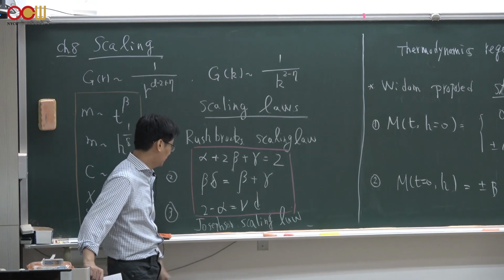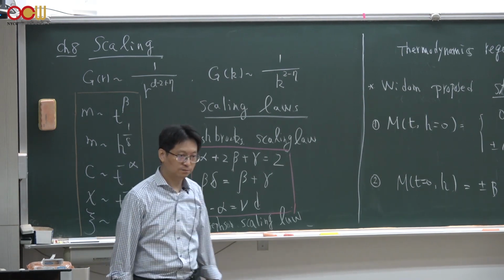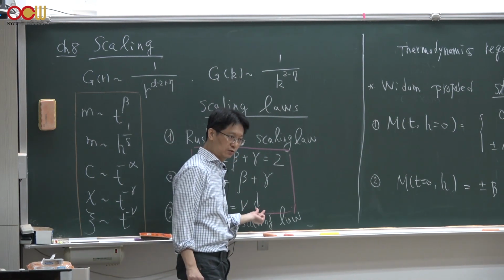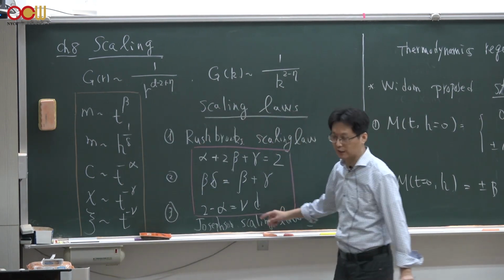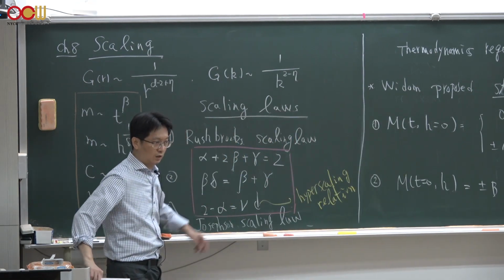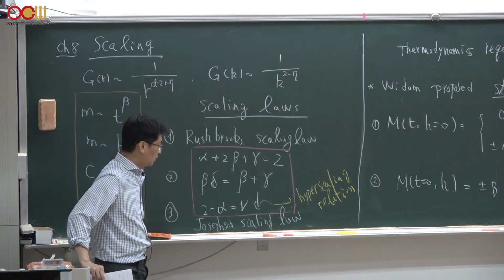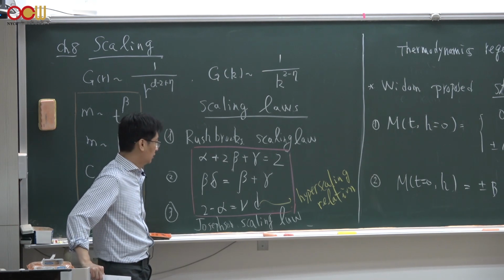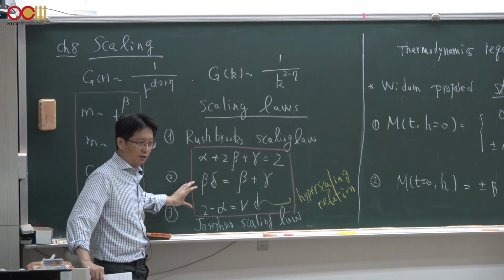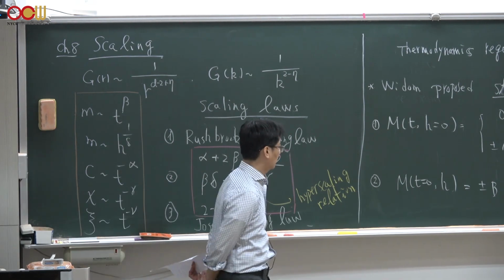But the third relation, Josephson's scaling law, involves the spatial dimensionality d. Oftentimes we call this a hyperscaling relation, which is a relation among these critical exponents that also involves this dimensionality d. Okay, so we will derive the three scaling laws in the following content.